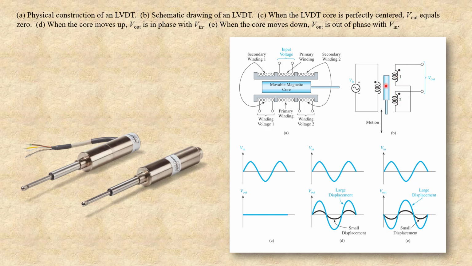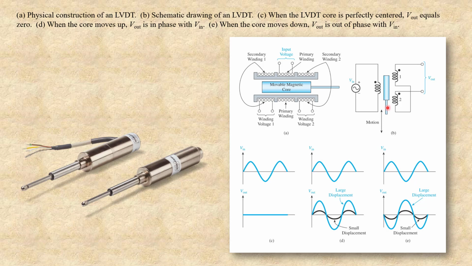Now the core is what's actually hooked to my device that I'm trying to measure its motion or its position. So as something is moving, then this is going to move because it's connected to it. Now as it moves, it's going to allow more or less flux from the primary to have an effect on these secondary coils.